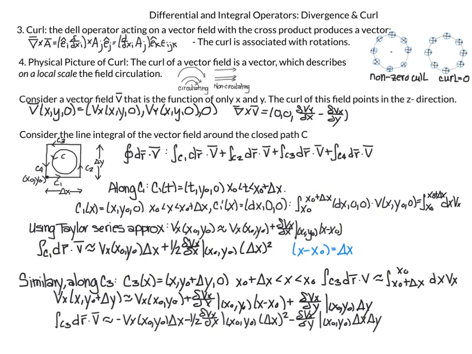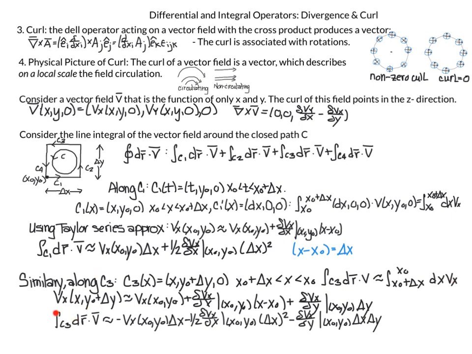We can get a similar expression for C3 starting with our parameterization. At this point, x is going to go backwards, so it's going to go from x0 plus delta x to x0. Our y value is at y0 plus delta y, and then z is equal to 0. So our expression is going to be the integral over C3 of dr dot v, equal to the integral from x0 plus delta x to x0 of v_x dx.